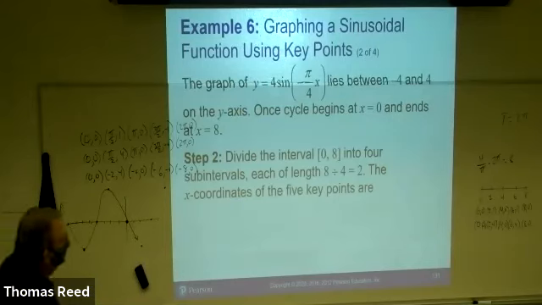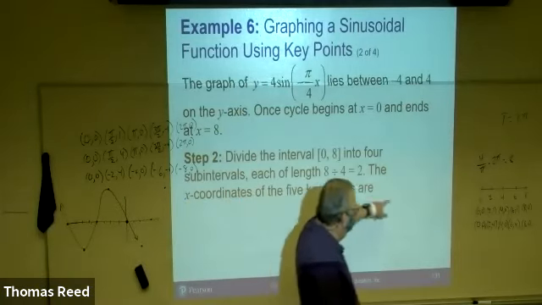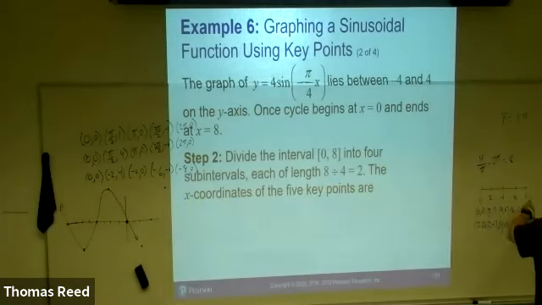So, you divide the interval into fourths. I put it on a number line rather than doing it that way. On a number line, dividing it into fourths, you take half, and then each half you take half, and that divides it into fourths.